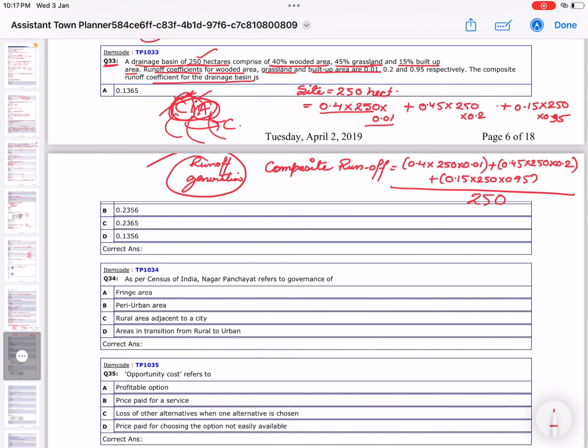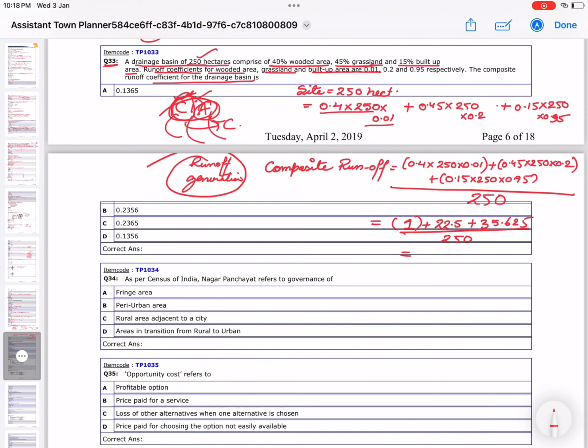Okay, so let me do it. 1 plus 0.45 into 250 into 0.2, 22.5, plus 0.15 into 250 into 0.95, 35.625, divided by 250.